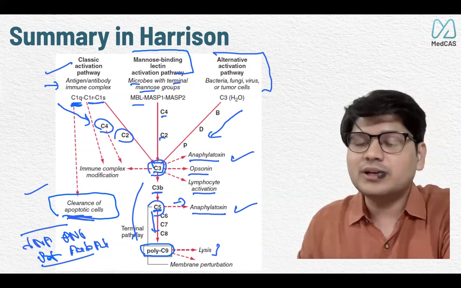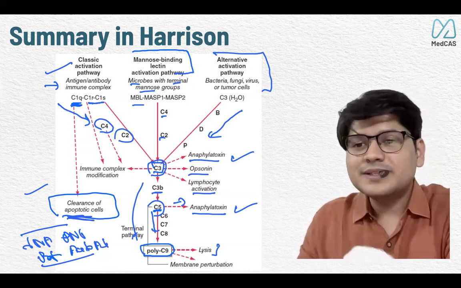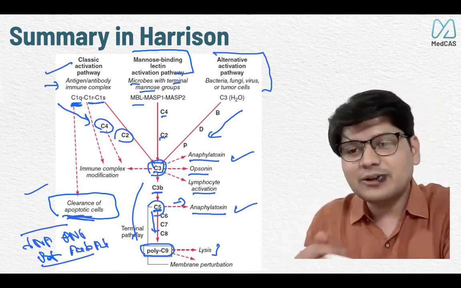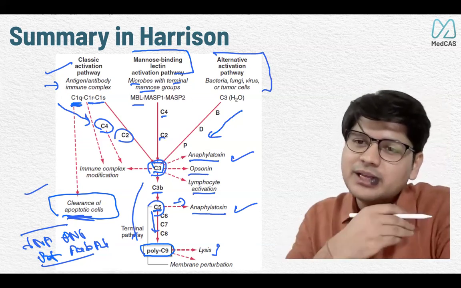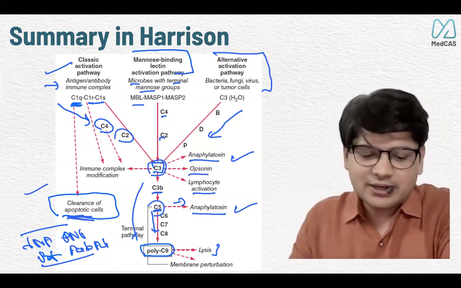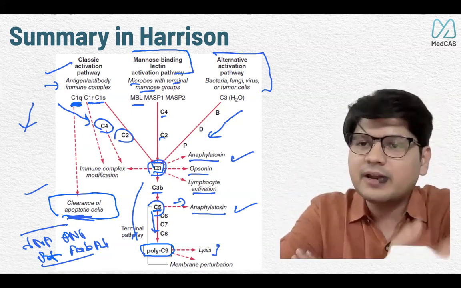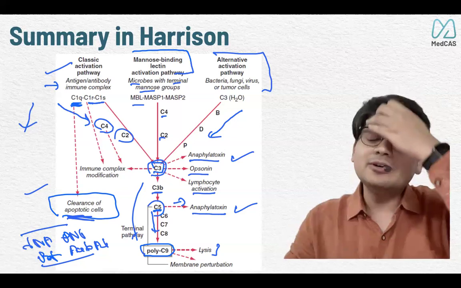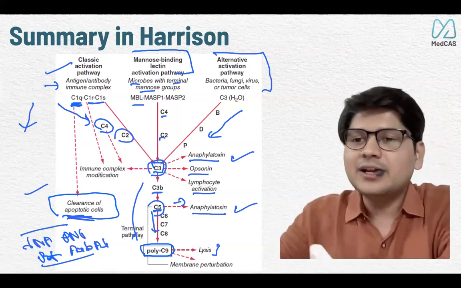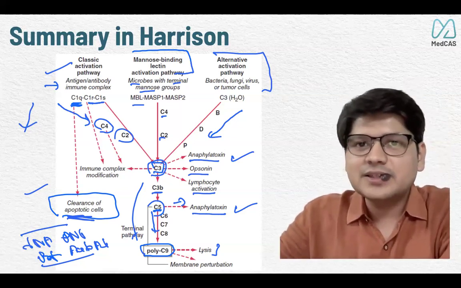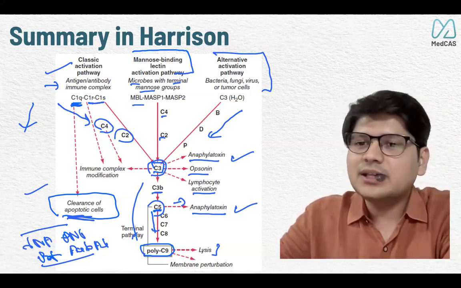Now it is easy to understand how C1 esterase inhibitor deficiency gives all this. When we infuse C1 esterase inhibitor, all these hereditary angioedema episodes start coming down. They are available in the market now. Too expensive, but they are available. So this is how understanding things actually helps us in practice.